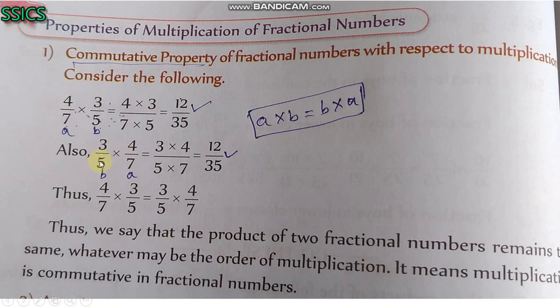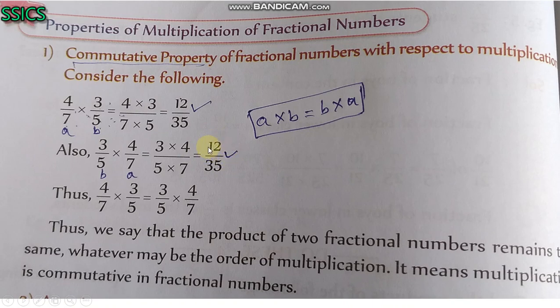Now rearrange: b comes first, 3 by 5, into a, 4 by 7. Multiply 3 into 4 divided by 5 into 7. B goes first, A comes after. In one case it is A into B, here it is B into A. But the answer is 3 fours are 12, 5 sevens are 35, both 12 by 35.